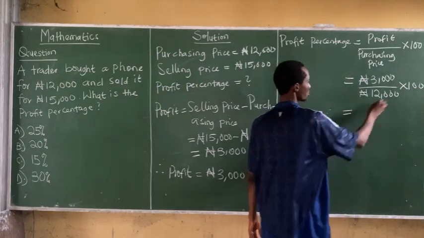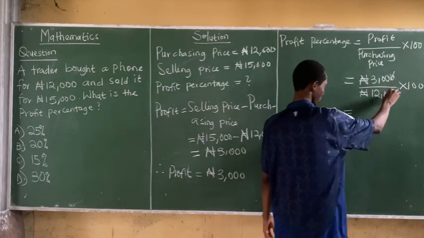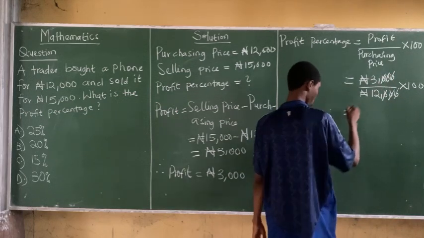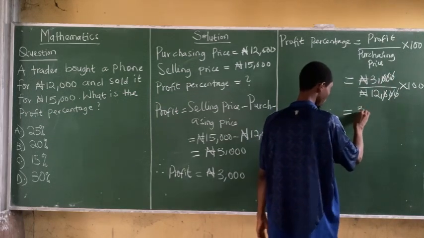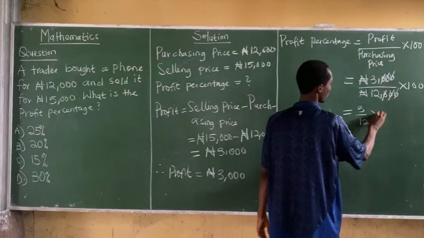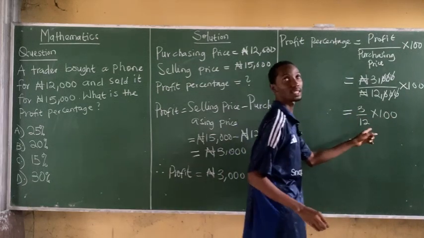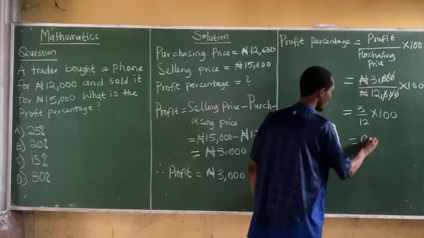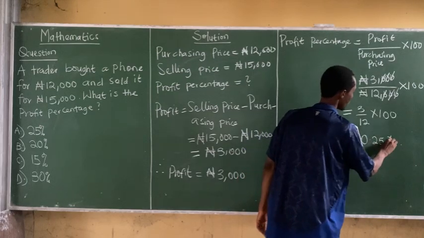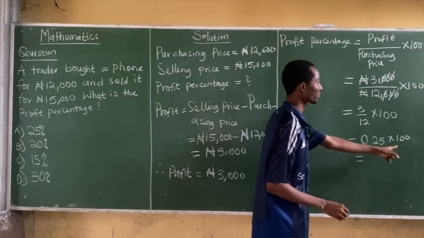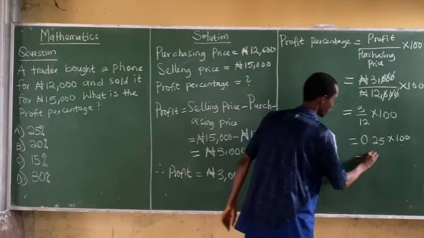The zeros will cancel out. We have 3 over 12 times 100. 3 divided by 12 will give us 0.25 times 100, which will give us 25%.